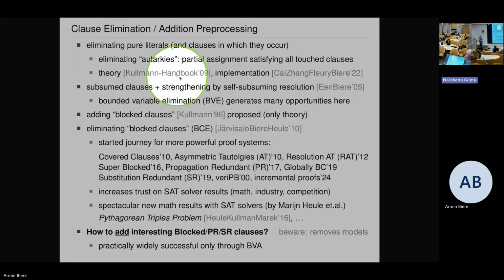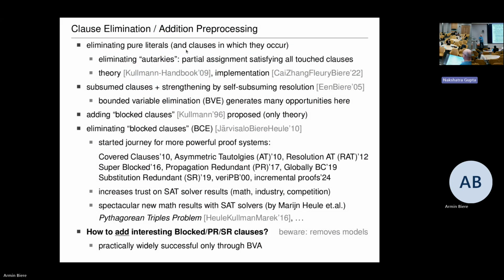Most of you have heard about pure literals. These are literals which only occur in one phase, and this goes back to the 50s. You can just remove all the clauses in which these pure literals occur. There's an interesting generalization called autarky, which says if you have a partial assignment which satisfies all the clauses it touches, so all the other clauses are not touched, then you can also remove all the touched clauses.